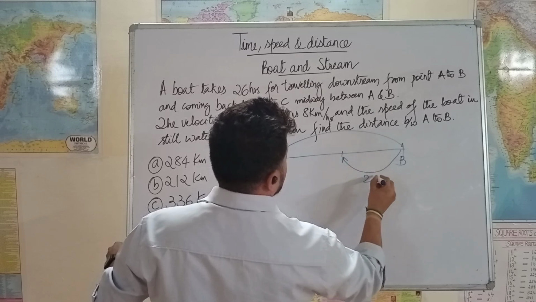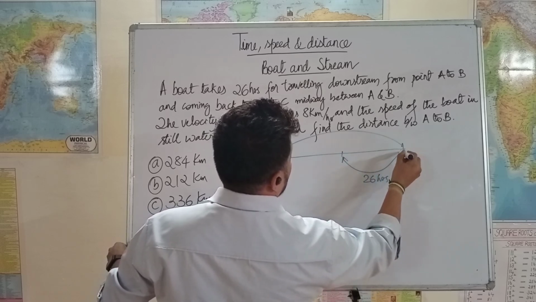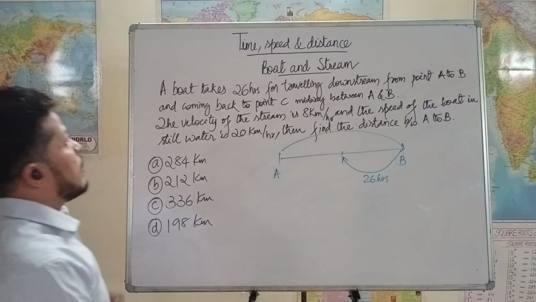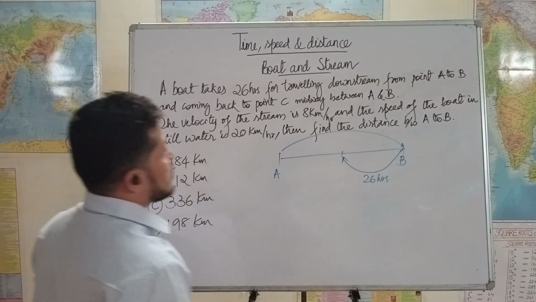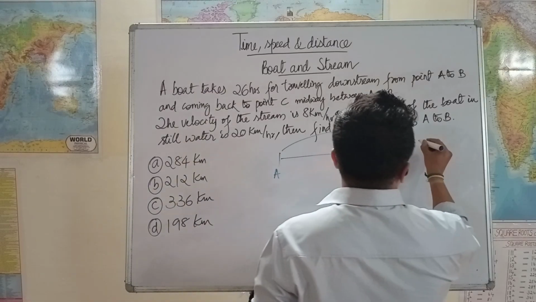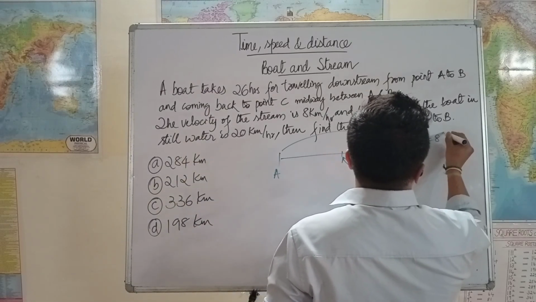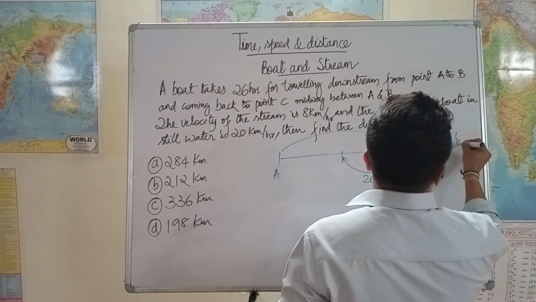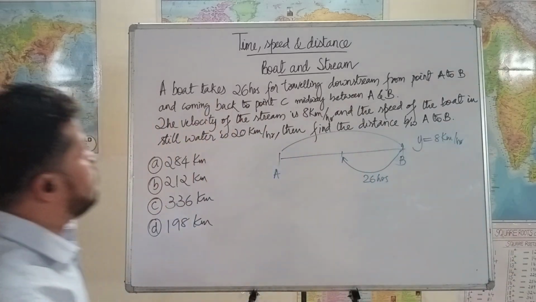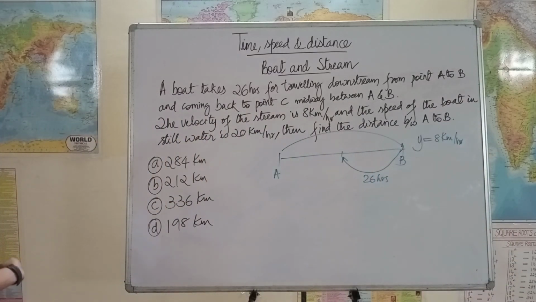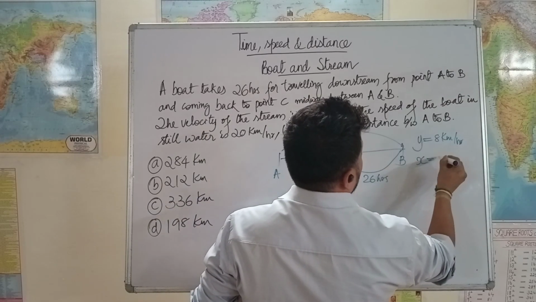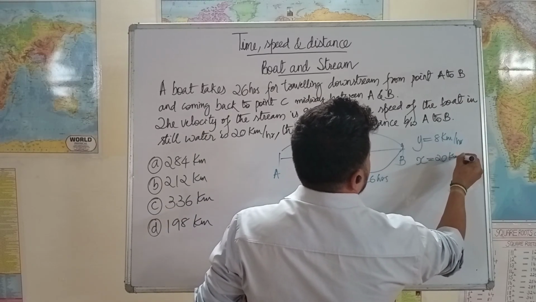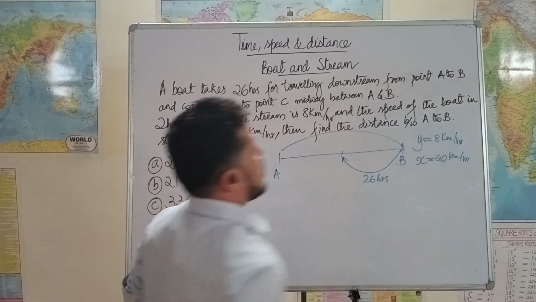It took 26 hours total, and the velocity of the stream is 8 kilometers per hour. Velocity of the stream is y, 8 kilometers per hour, and the speed of the boat in still water is 20 kilometers per hour. So x is equal to 20 kilometers per hour.